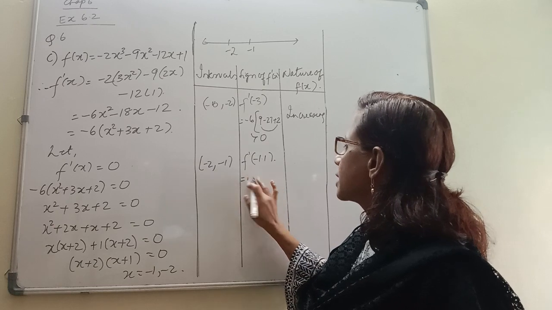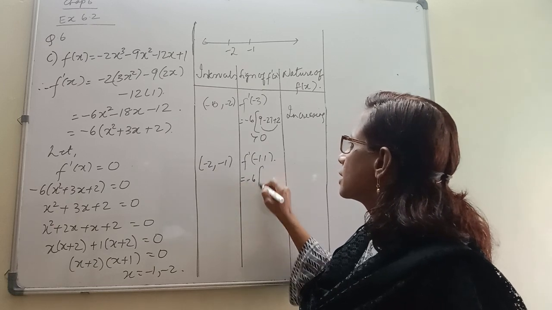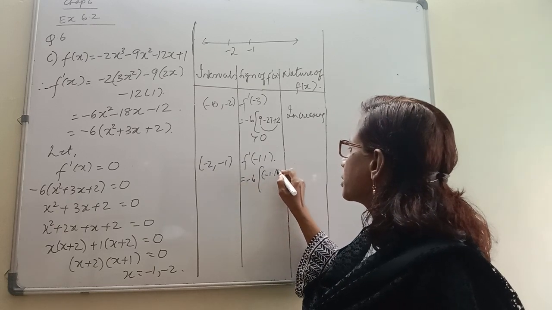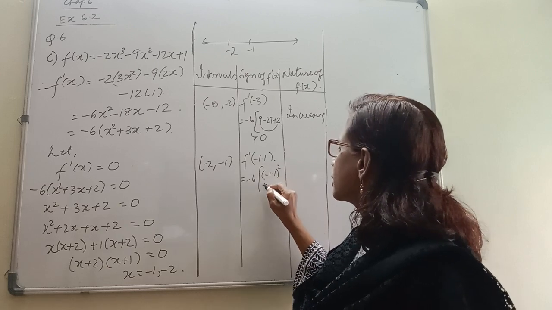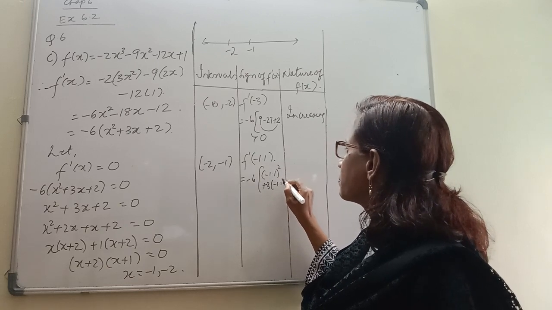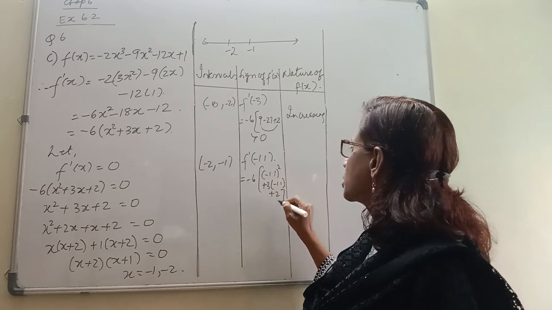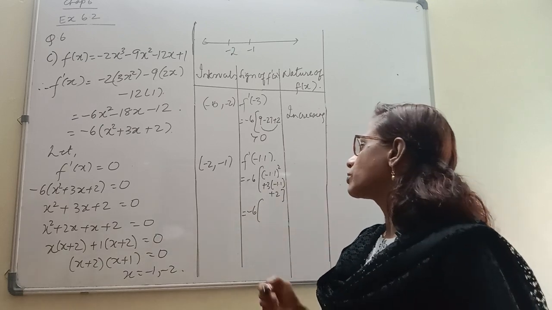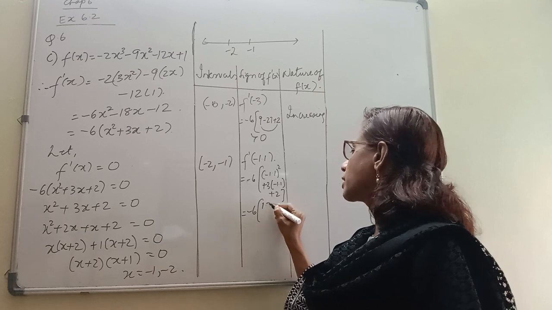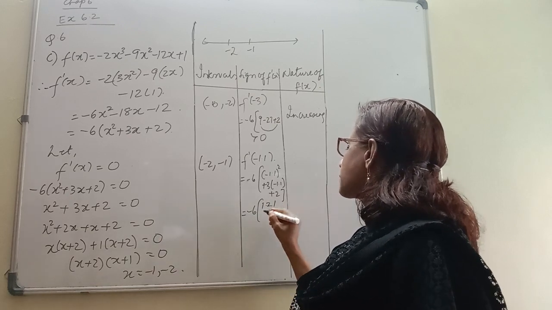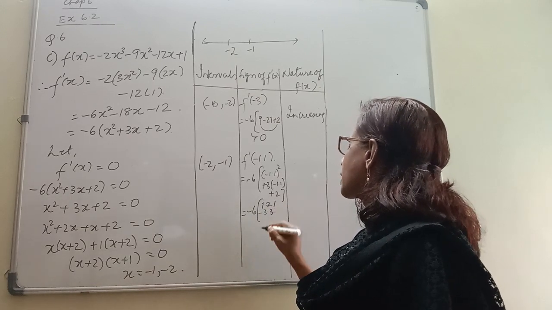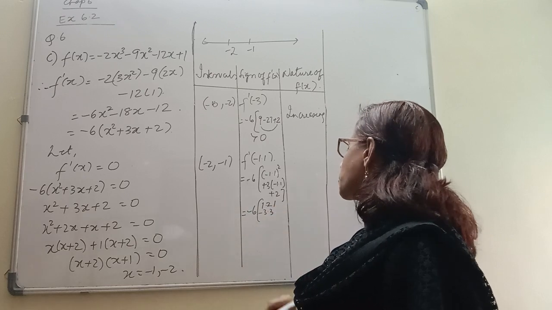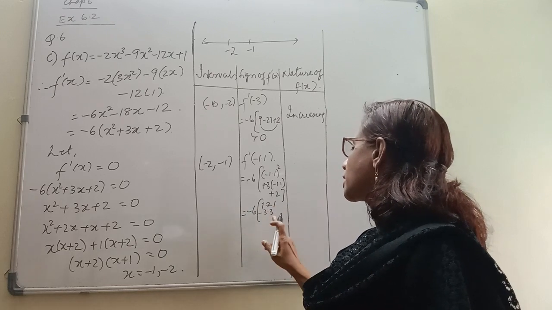Minus 6 times minus 1.1 squared, 3 times minus 1.1 plus 2. So what is the bracket term? Let's check. Minus 1.1 squared is going to be 1.21. Then this is minus 3.3. And this will be 3.21.